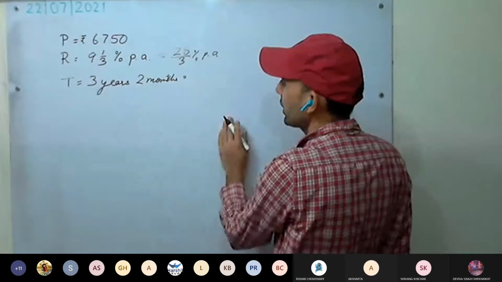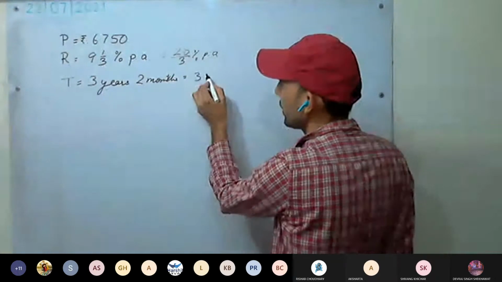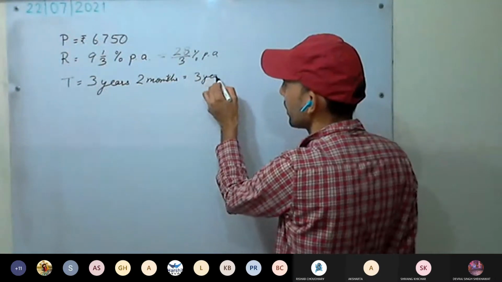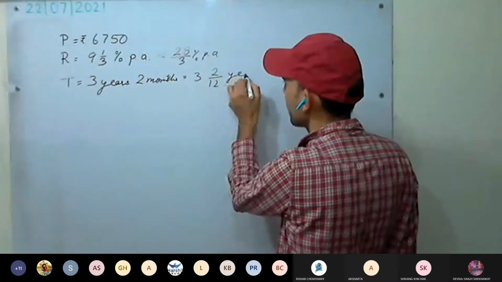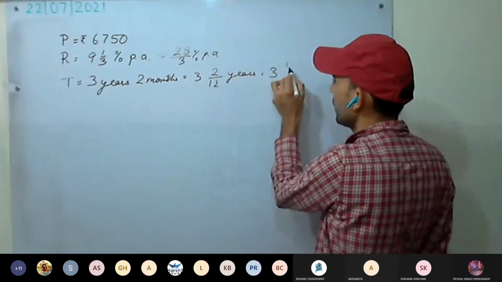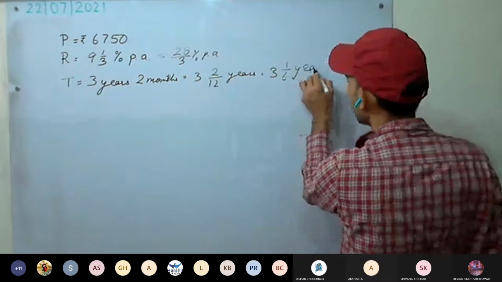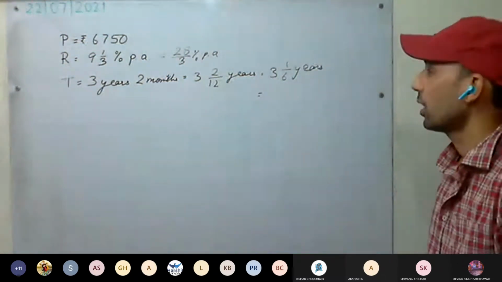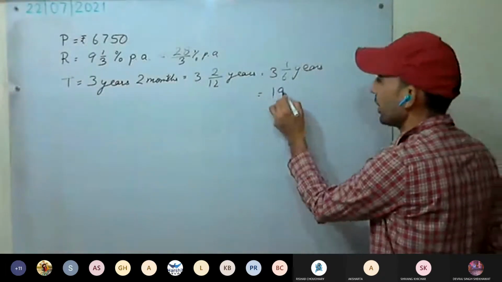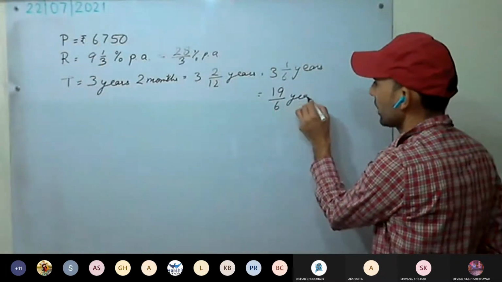Convert it into years. 3 and 2 upon 12 years, or 3 1 by 6 years. How much is it? 19 by 6 years.